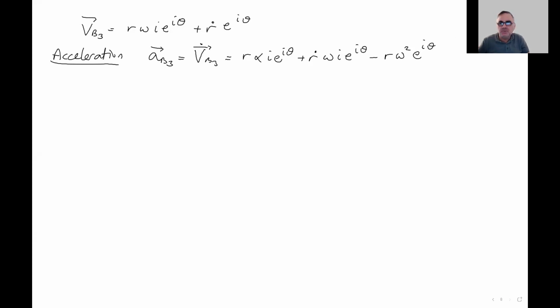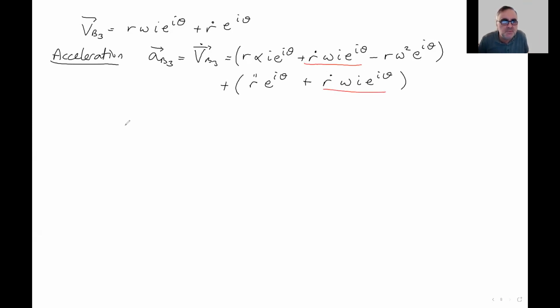So triple terms like this. This parenthesis is the derivative of that term, plus the derivative of this thing, R double dot e to the i theta, plus the derivative, R dot omega i e to the i theta. Derivative of e to the i theta. Okay. Let's collect the terms, but we have these two strange terms here, we will see.